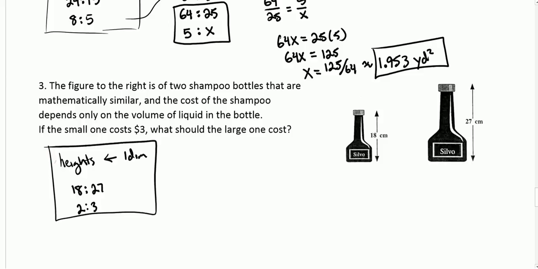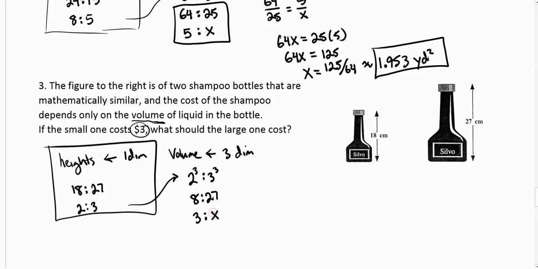If you read the problem, it's talking about volume and the cost related to volume. Volume is a three-dimensional thing, and so we can get our three-dimensional ratio by cubing the one-dimensional ratio, so 2 cubed to 3 cubed, or 8 to 27. The small bottle costs $3, so 3 goes with the small because the price is related to the volume.